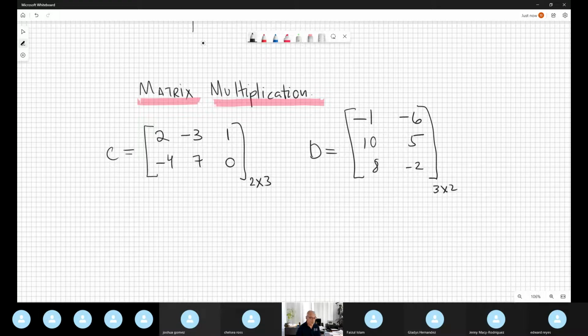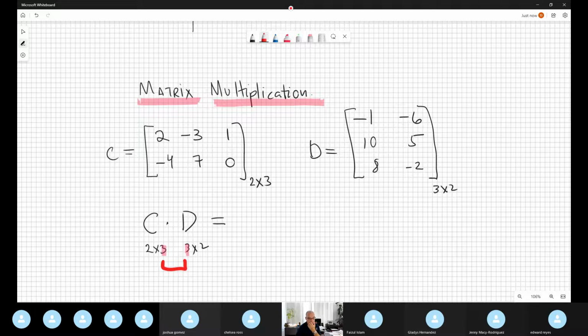And now I want to do the multiplication C times D. To apply matrix multiplication, you need to match the dimensions perfectly. The dimension of C is 2 by 3. The dimension of D is 3 by 2. The important information is that this number must be the same as this number.